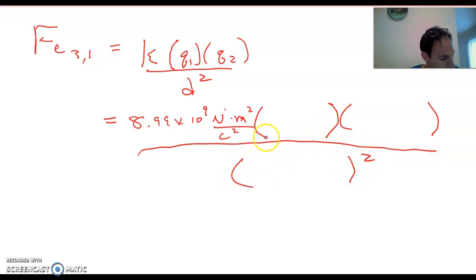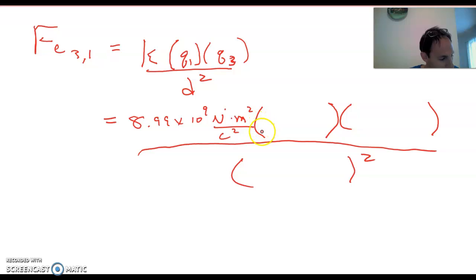So what are the two charges? We're going to pick charge 3 and charge 1. So let's change this Q2 to a charge 3. There we go.